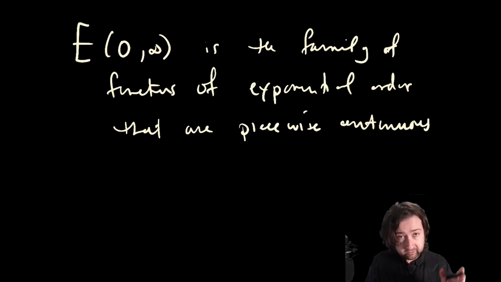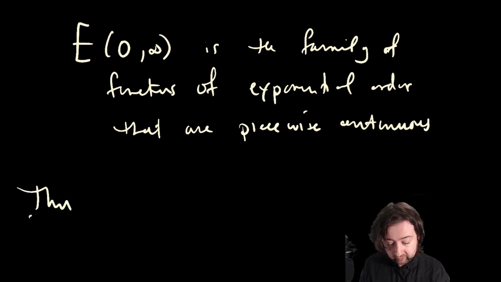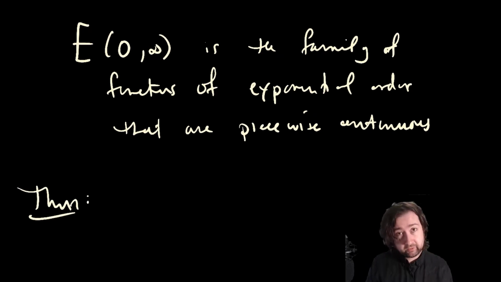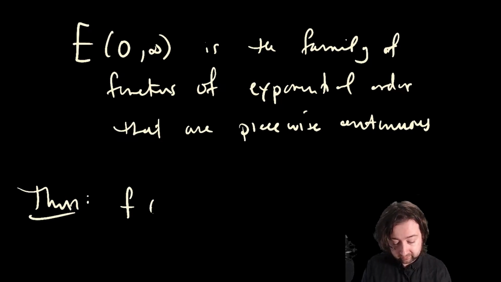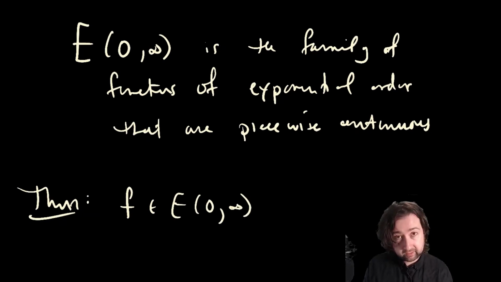And the theorem that tells us that pretty much everything we're going to encounter in practice has a Laplace transform is that, so this is the big theorem here. We're not going to prove it, we're just going to assert it, that every f inside the family of functions of exponential order on 0 infinity has a Laplace transform.